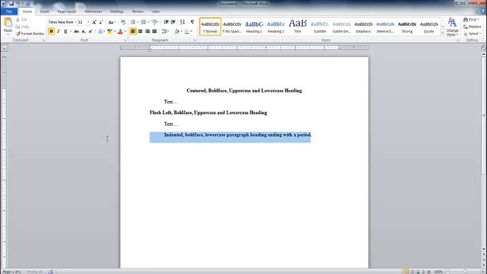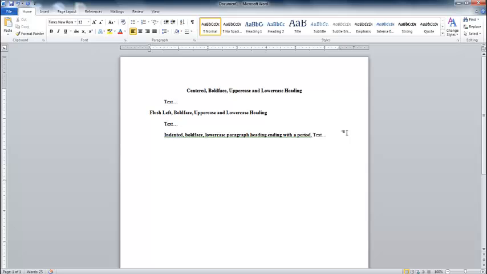So as you can see, unless you're talking about a proper noun here, every word after the first word is in lowercase, which is different from the previous headings. And then your text would go directly after.